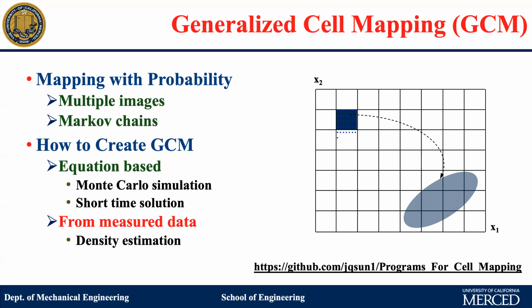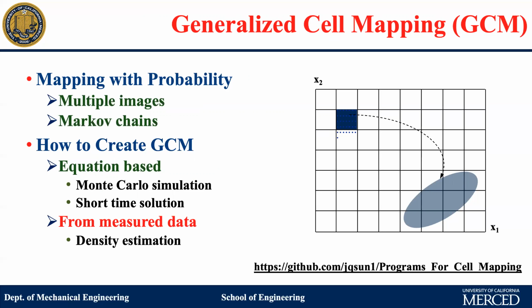So to do global analysis, we used the very well-known method called cell mapping, in particular the generalized cell mapping method. Essentially, the idea is to discretize the state space into little boxes, and then you integrate the differential equations from all possible initial conditions in the box.